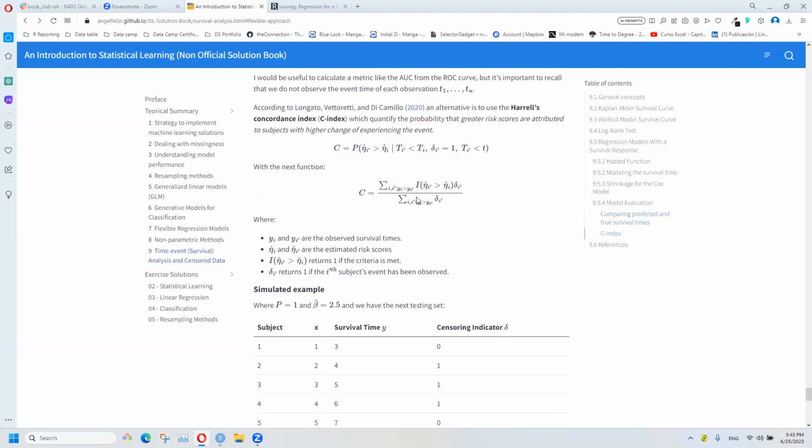This is the function. It's like an accuracy measure, but it's not exactly accuracy.